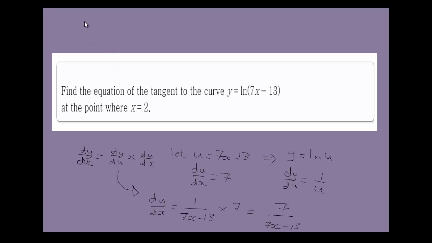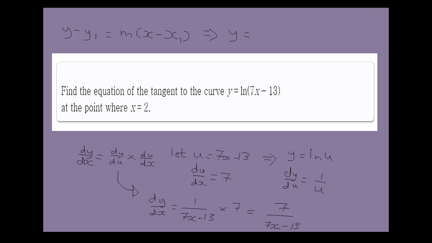So what we do next is we use the equation y minus y1 equals m times x minus x1. So that gives us, well, y minus 0, because we've determined that y is 0, so y equals m. Well, our m is our 7 over 7x minus 13.